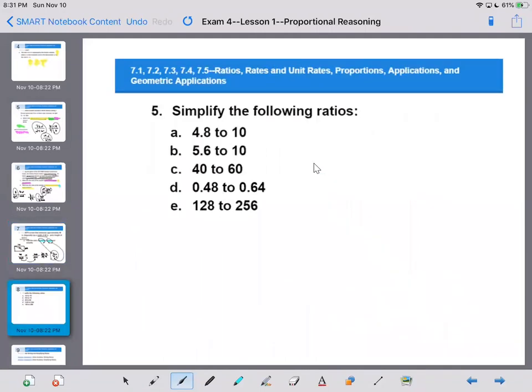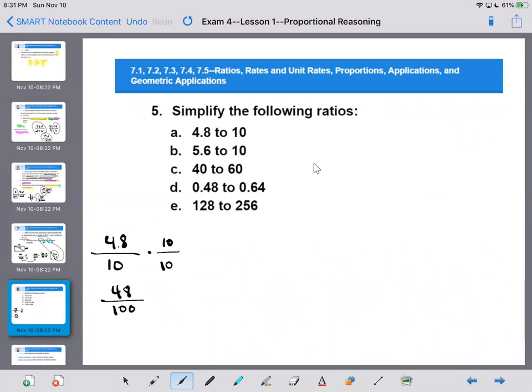All right, so look here, we're going to look at simplifying some ratios. On part A, 4 8/10 compared to 10. I'm going to do the same thing: multiply by 10 divided by 10, that's my n divided by n. That's going to give me 48 divided by 100, and that will be able to simplify.